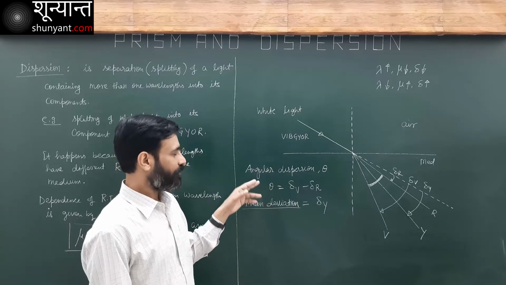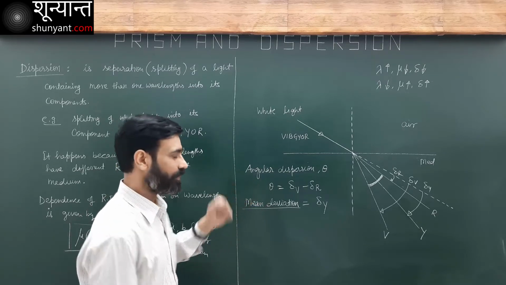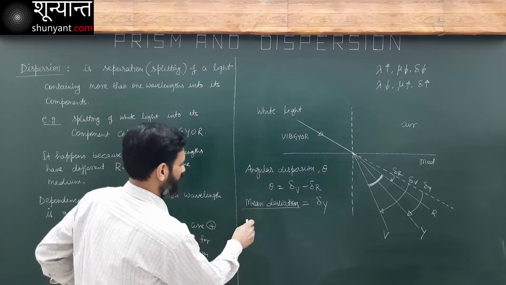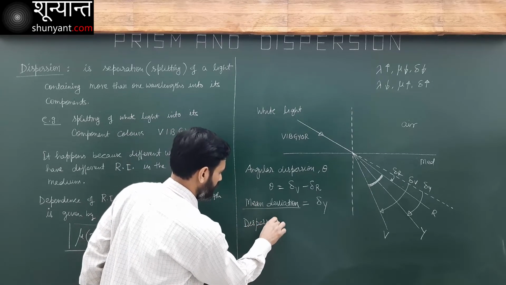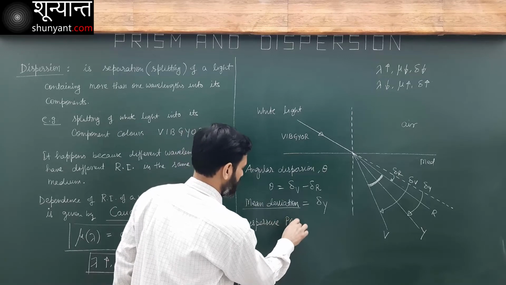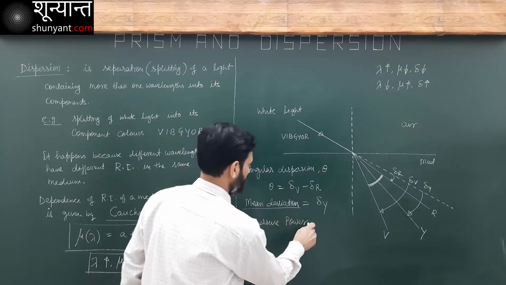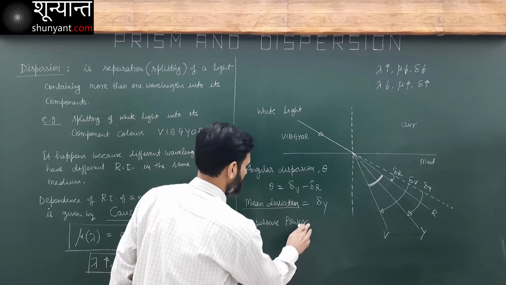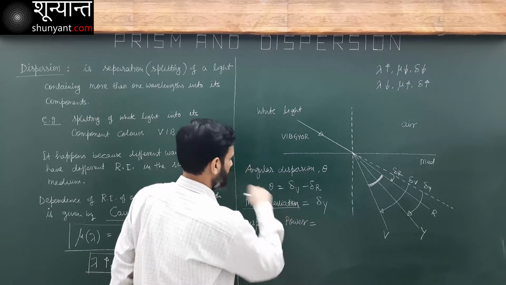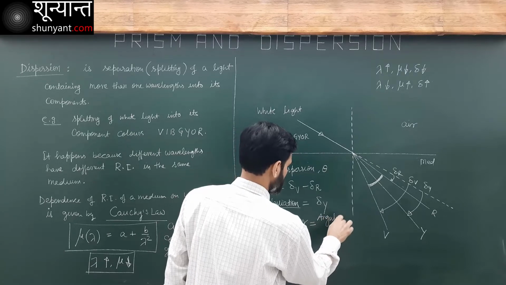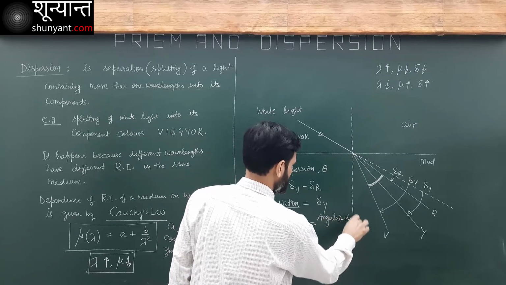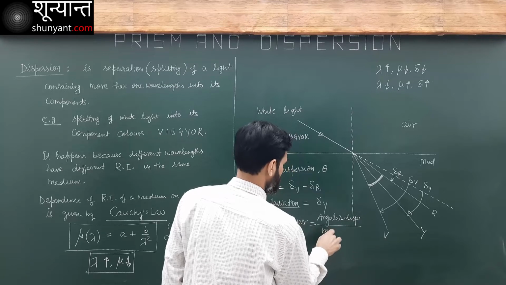Now we define a new property known as dispersive power. Dispersive power is equal to angular dispersion over mean deviation.